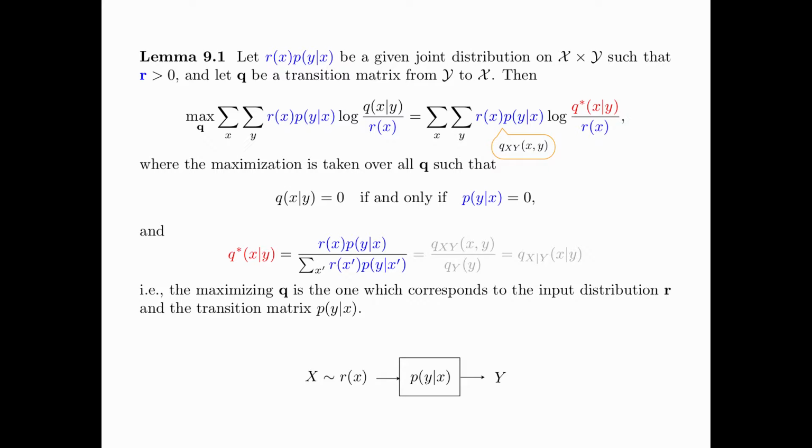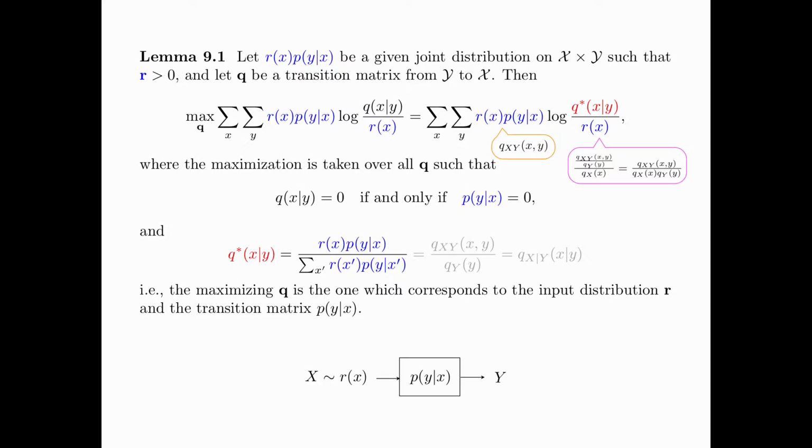Now in the double summation on the right-hand side above, R(x) P(y|x) is simply Q(x,y), and for the fraction inside the logarithm, the numerator Q star is equal to Q(x,y) divided by Q(y), and the denominator R(x) is equal to Q(x), the marginal distribution of random variable X. So this fraction is equal to Q(x,y) divided by Q(x) times Q(y).